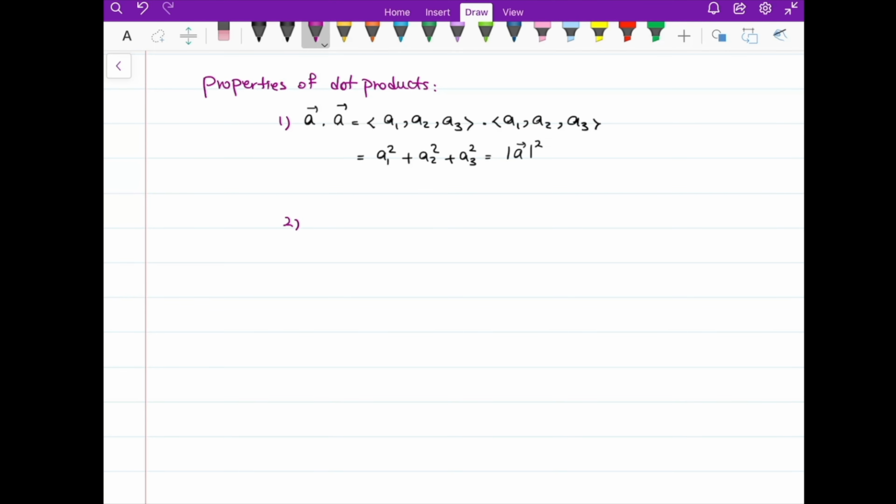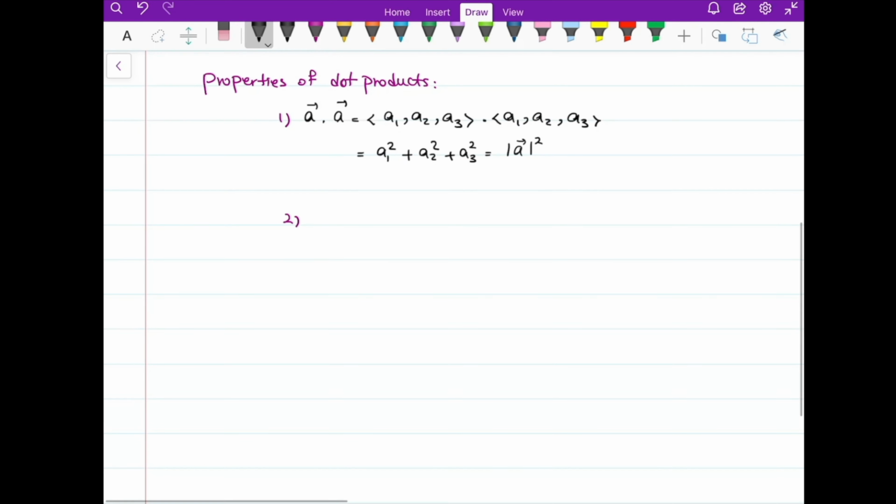Then the second property is that the dot product is distributive over addition. So a dot product with b plus c would be a dot b plus a dot c. You can write the components of each one of them and then write the definition of dot product, and then you will see.